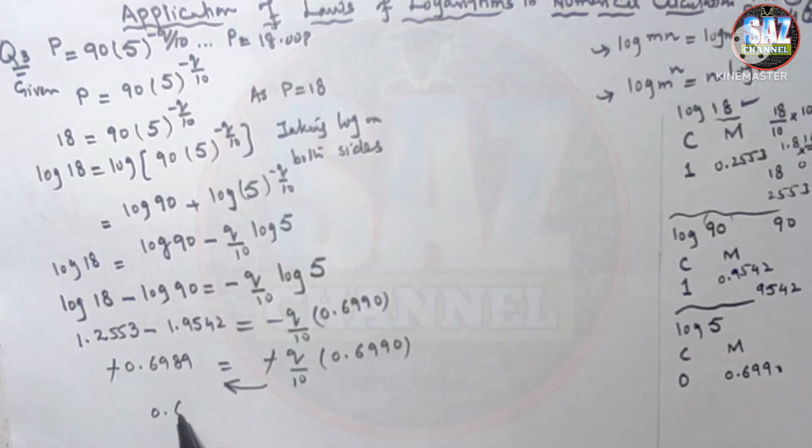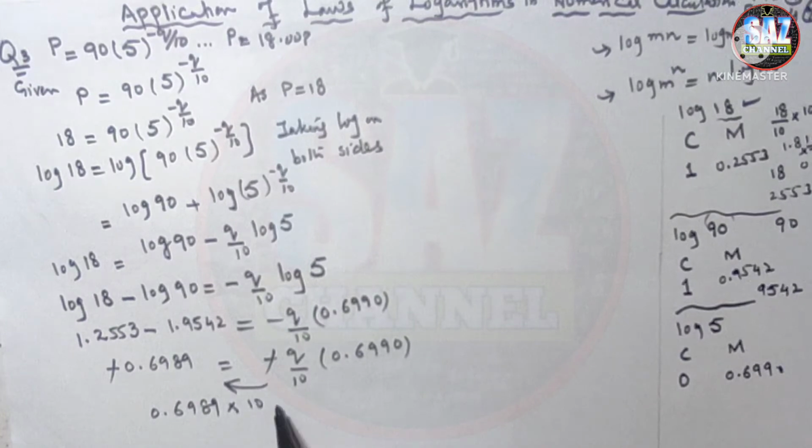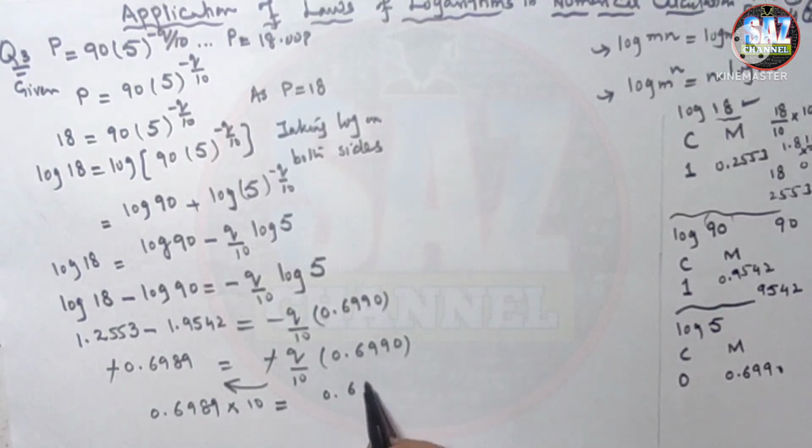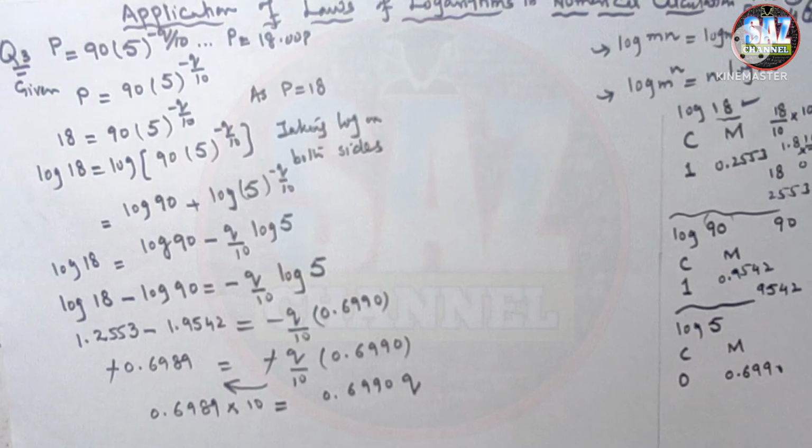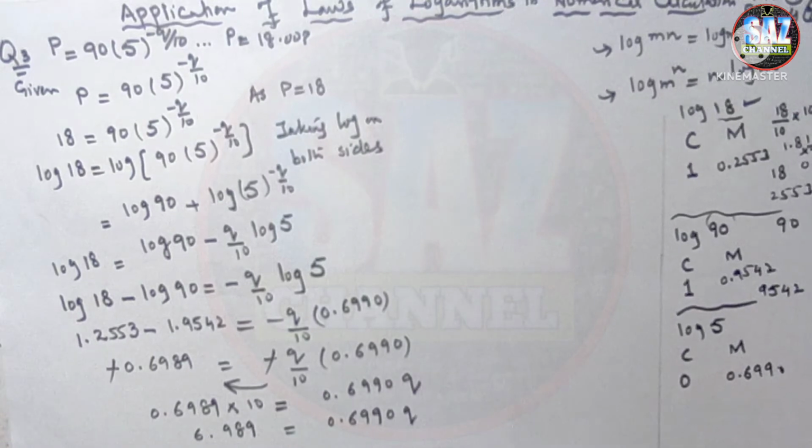This is 0.6989 multiplied by 10 equals 0.6990 q. Now 0.6989 multiplied by 10 gives me 6.989 equals 0.6990 q. Okay, let me go up, I have the space over there.